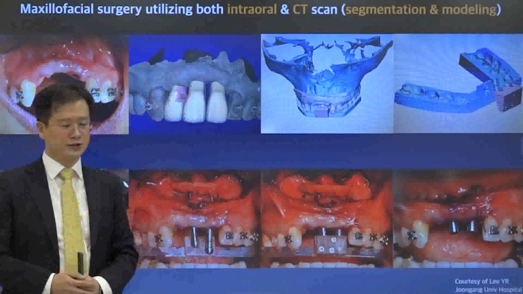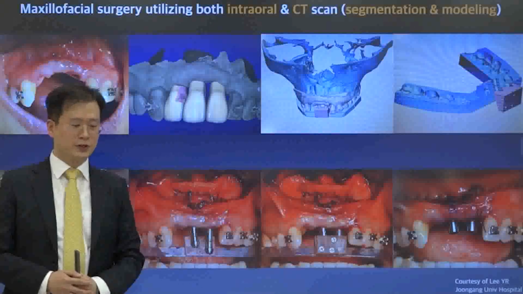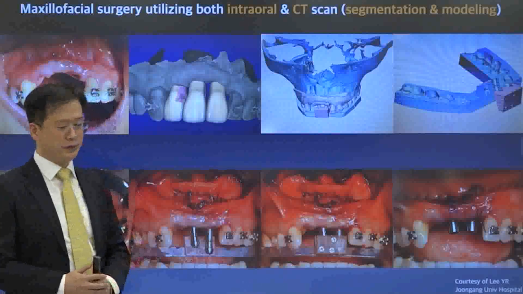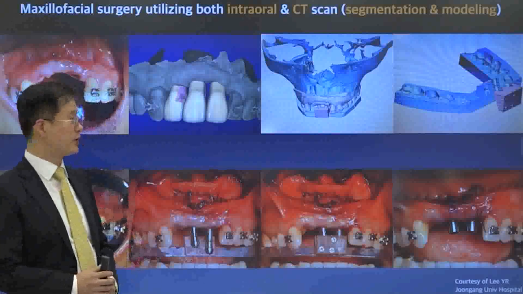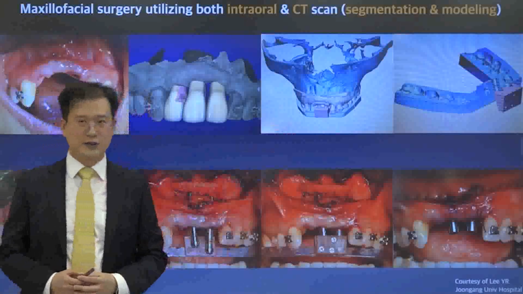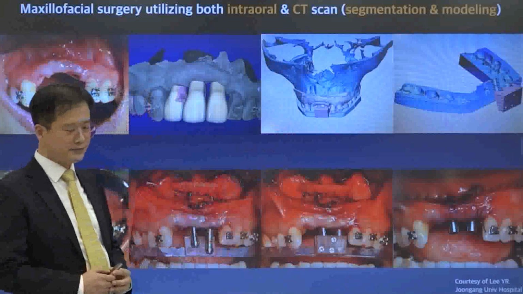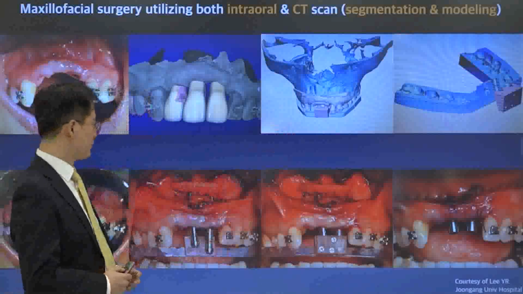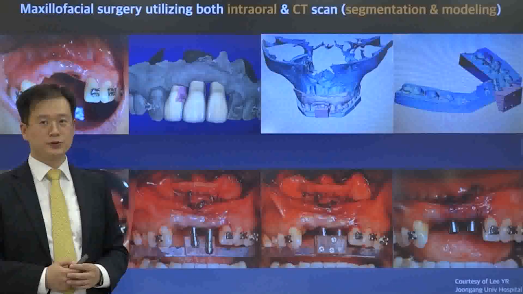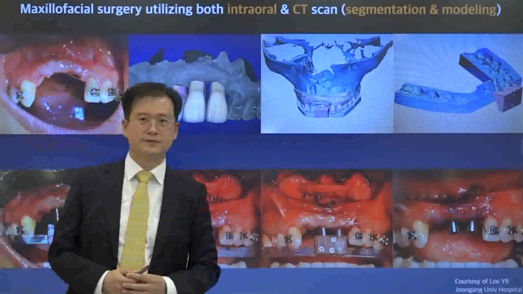The appliance for repositioning the bone fragment with implants was designed through 3D modeling and manufactured by 3D printing. This is the photo of the designed appliance. Two implants were removed, and two implants were moved into a good location.